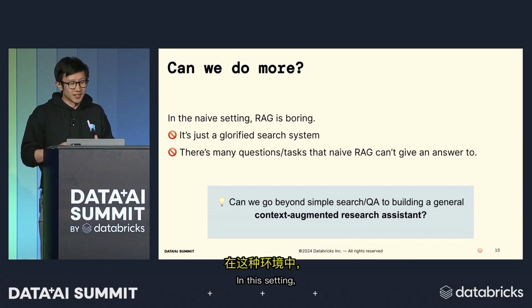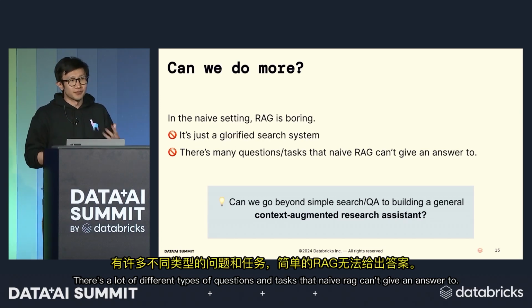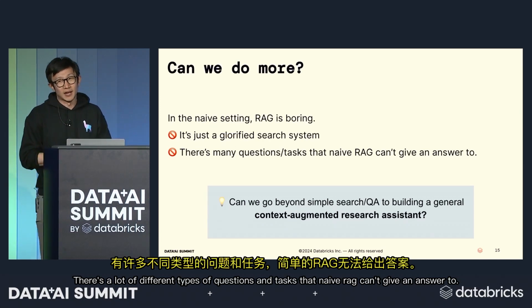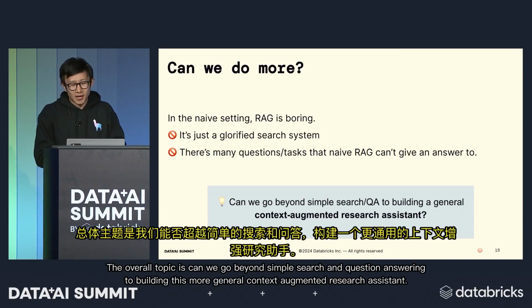In this setting, it's really just a glorified quick lookup system or glorified search system. And there are a lot of different types of questions and tasks that naive RAG can't actually give an answer to. So the overall topic is, can we actually go beyond simple search and question answering to building this more general context-augmented research assistant?